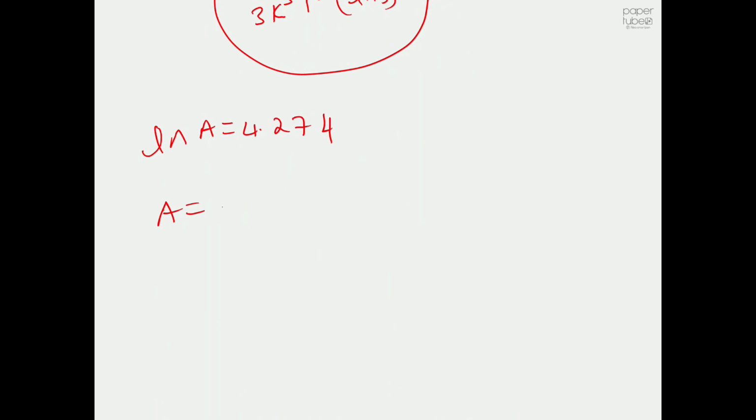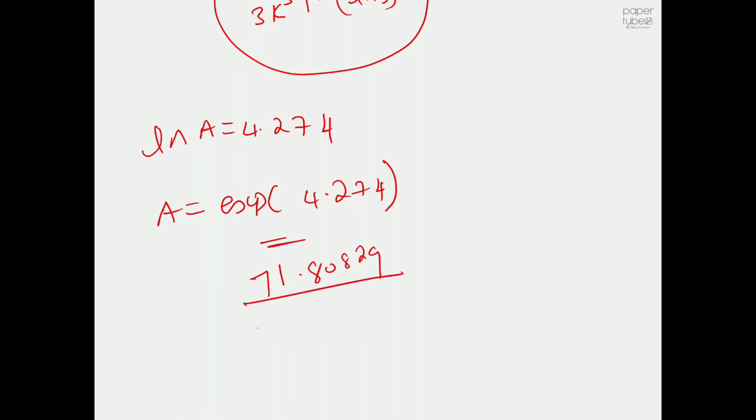Therefore A will be equal to exponential of 4.274, which is somewhere around 71.80829. So just put 72. This should be an integer.